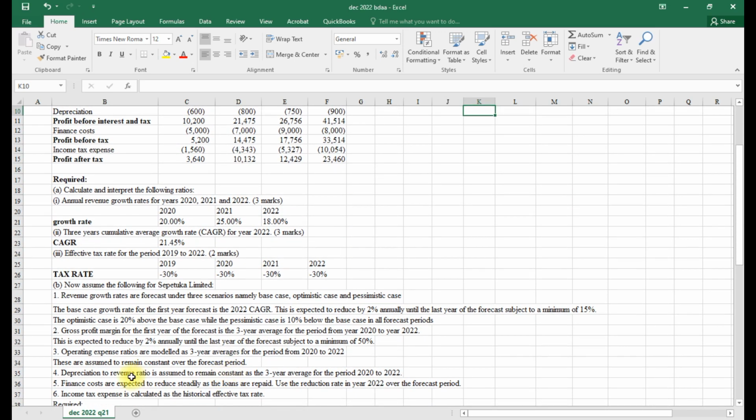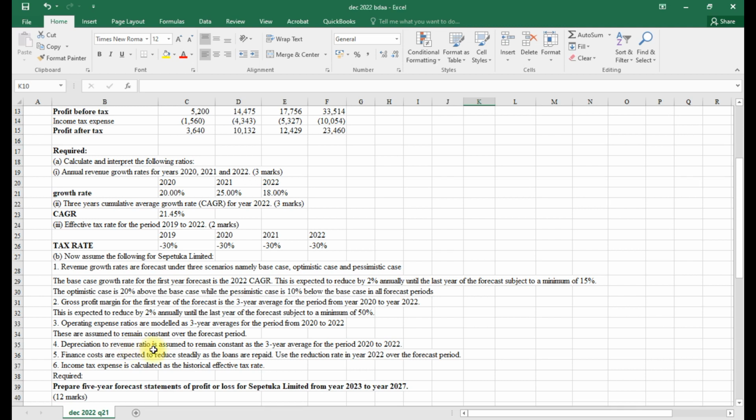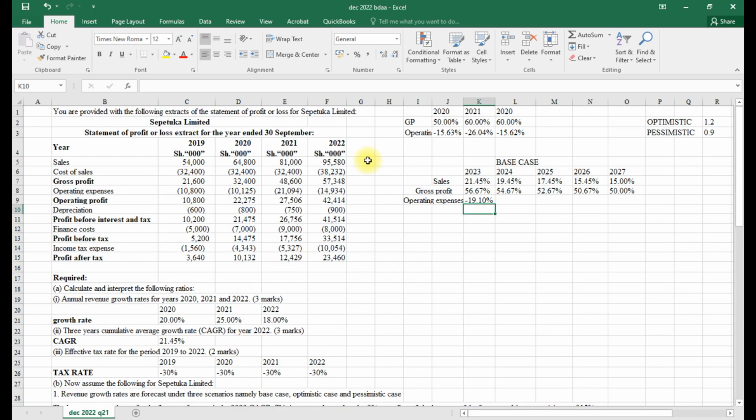Then depreciation to revenue ratio is assumed to remain constant as a 3-year average for the period 2020 to 2022. Again, for depreciation is an average. Here my depreciation to revenue, it will be an average. So depreciation of 2020 is this, and you divide by the revenue. Yeah, we get this percentage and put it into 2 decimal places, then drag that here.